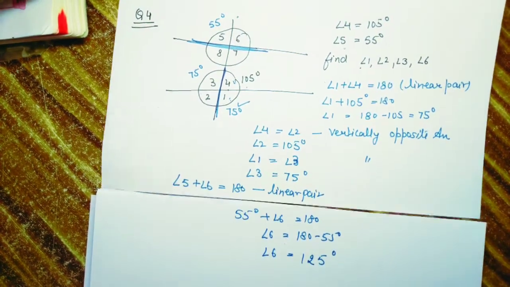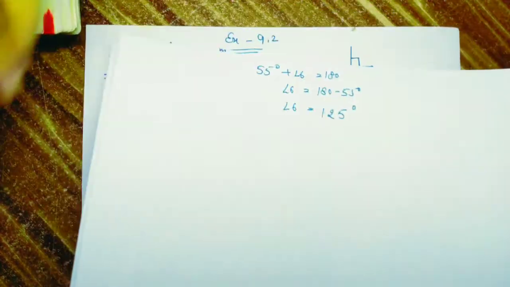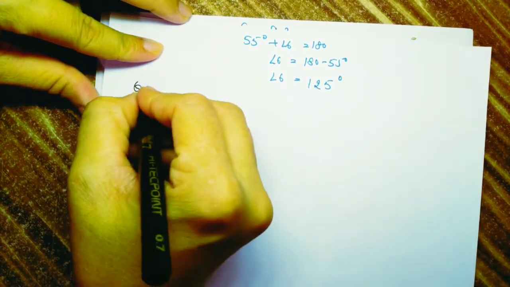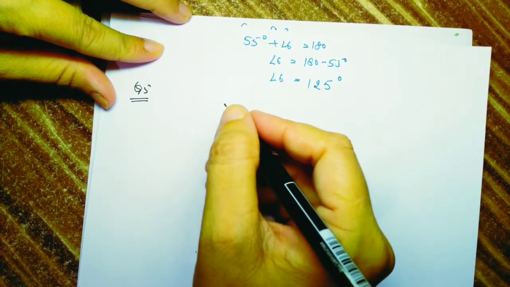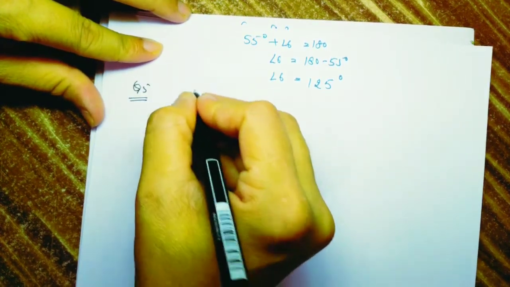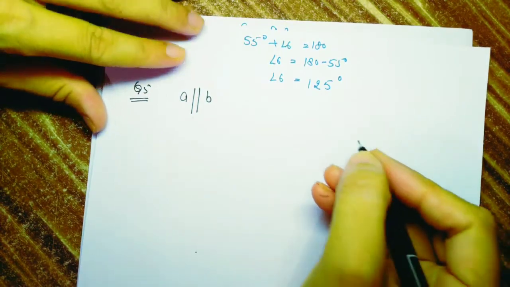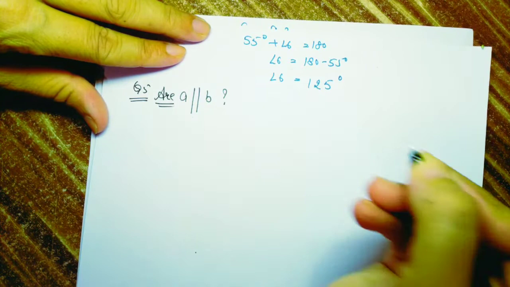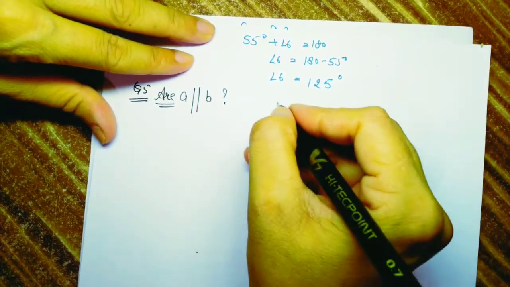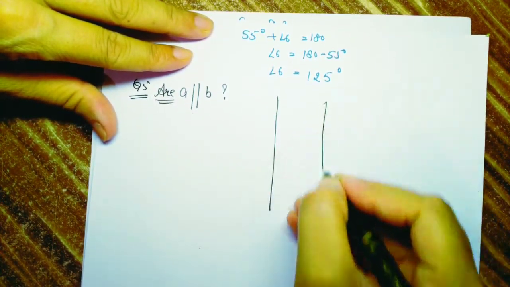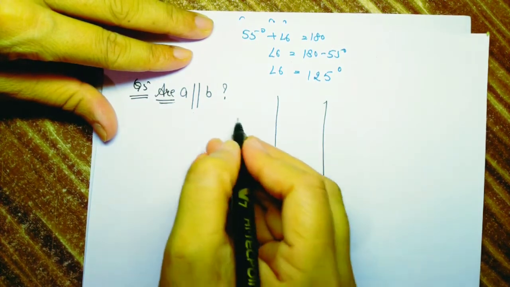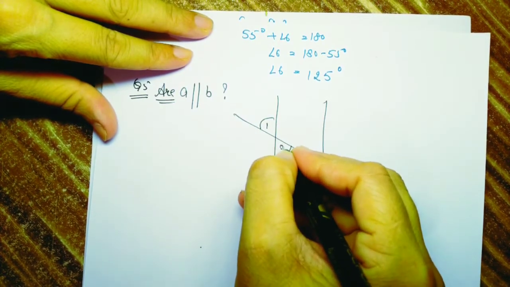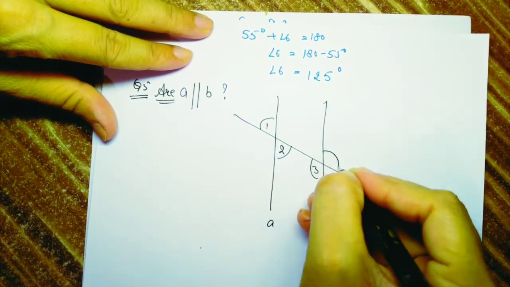Okay. Now after that, question number 5, the last question for today. In question number 5 they have asked: are the lines A and B parallel? This we have to find out. Okay, because they used "are", in the question they are asking whether lines A and B are parallel. This is the line A and B. This is one transversal line. Here this is angle 1, angle 2, angle 3 and angle 4.